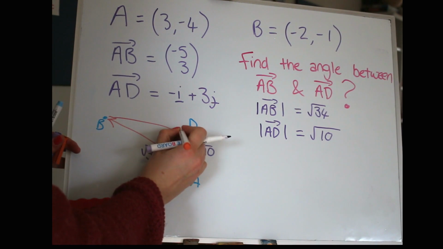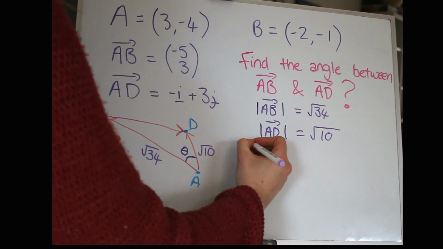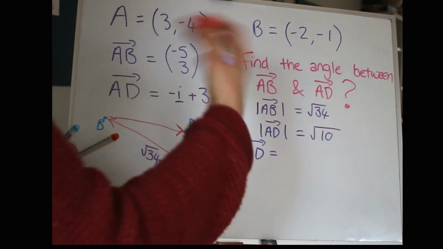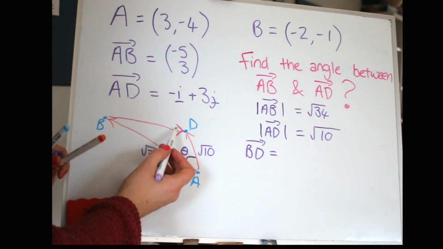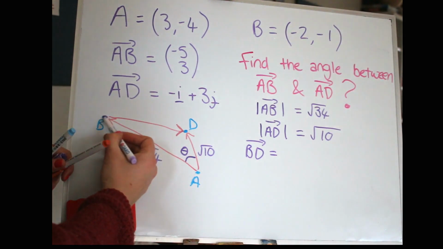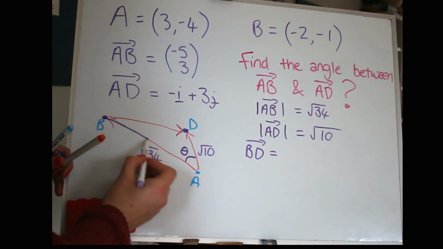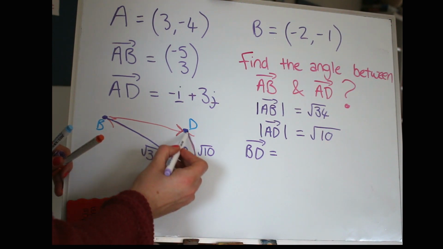Let's do B to D, let's go that way. Now to do that, to find the vector B to D, we can use what I showed you at the beginning, like using a resultant vector. So B to D, from the start to the finish point, the alternate route would be to go down here and then up here.